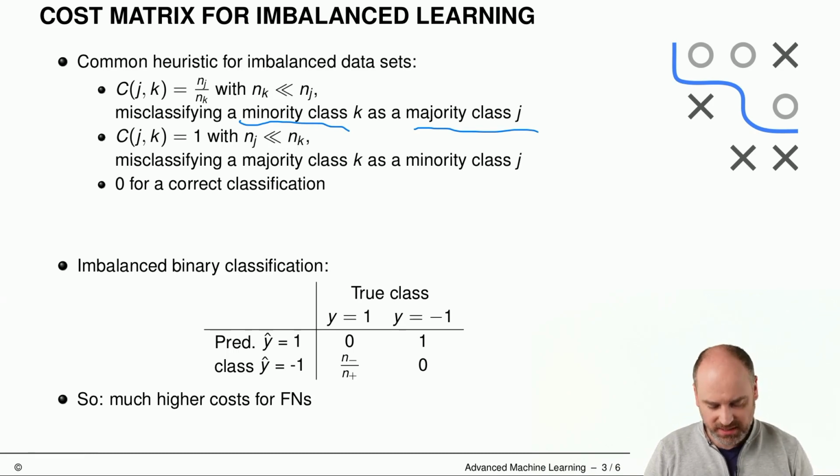Misclassifying as class J when we are actually in class K, the majority class, would come with costs of 10. Here you can see this for the binary case where there are just two sizes: n minus, the size of the negative class, which is usually the larger one, the majority class, and n plus, the size of the positive class.